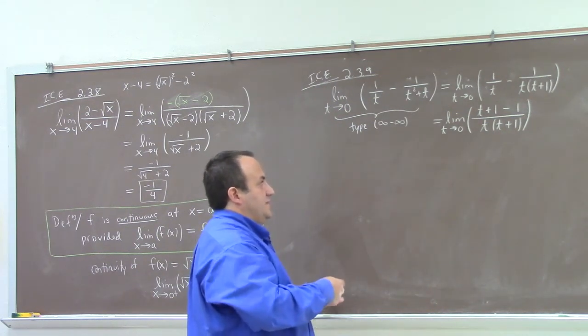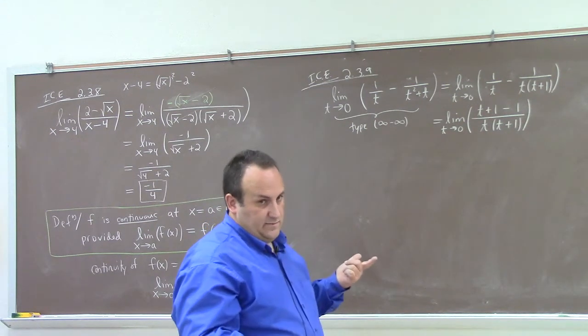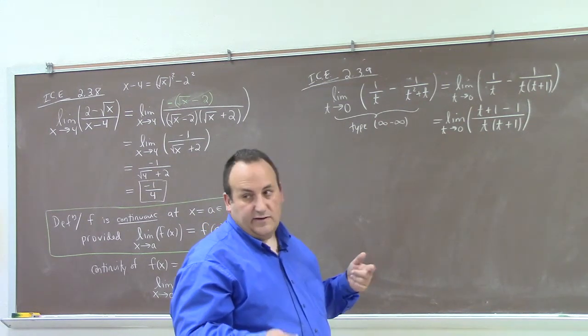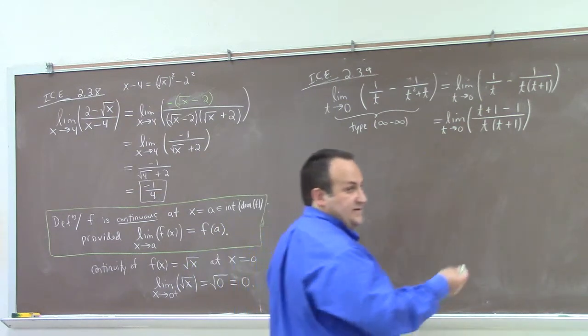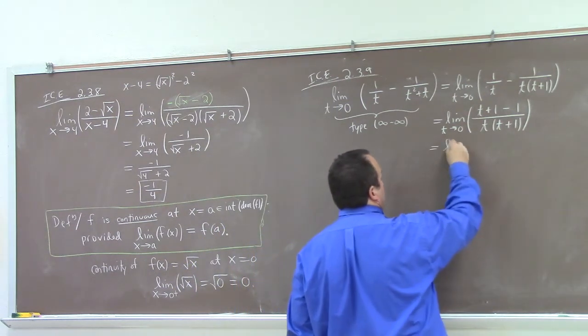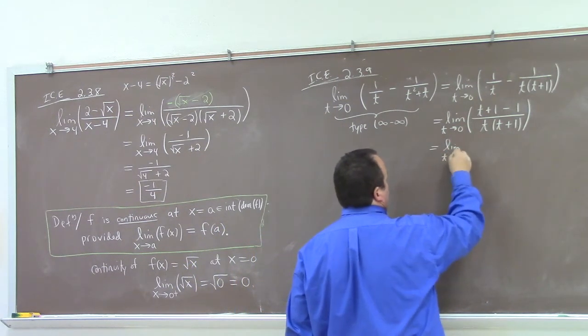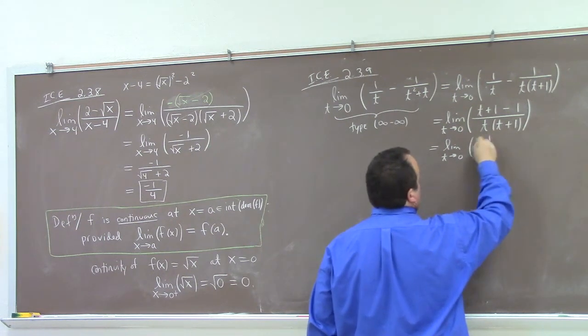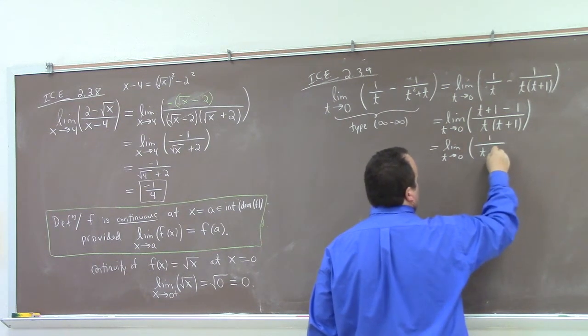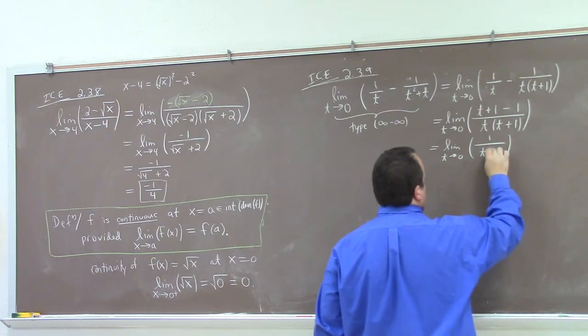Which is pretty awesome because after you subtract them, the 1's cancel. And then you can reduce the t from the upstairs and the downstairs, right? So this simplifies too. Which is just wonderful because then we can do what?